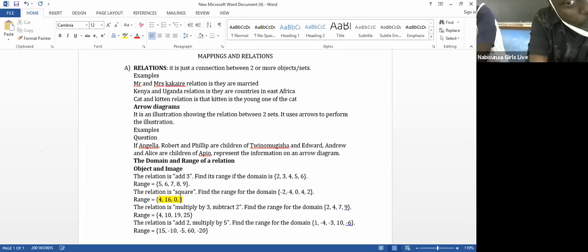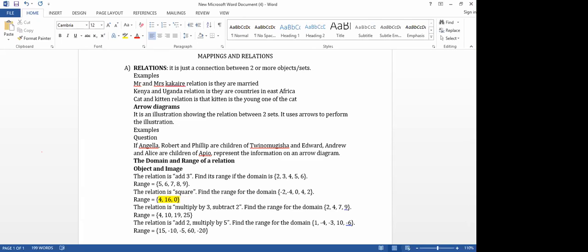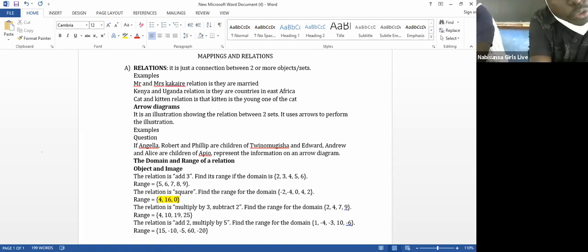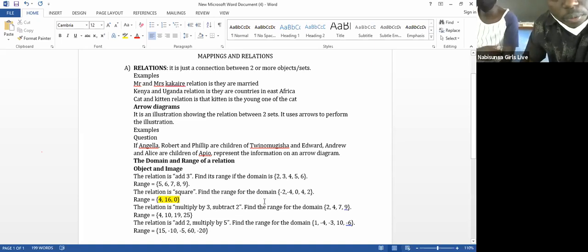Let me do this. Maybe you'll be able to get me. Do you see what we have now? Because 4 is an image to both -2 and 2. This 4 here is both an image to -2 and 2. And 16 is both an image to -4 and 4. Are you getting now the picture that I want you to?